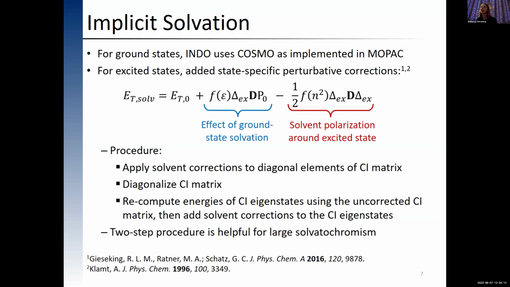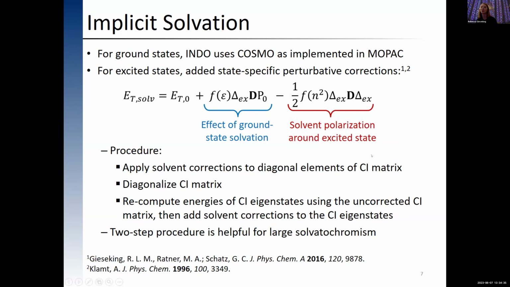Another reason that I was interested in this is implicit solvation. So for the ground states, INDO just borrows the COSMO code that was already in MOPAC. And then for excited states, I added in state-specific perturbative corrections. So this was originally developed by Clampitt and implemented here.